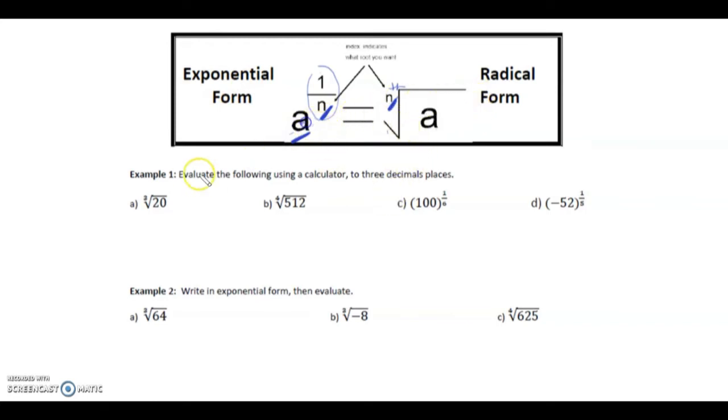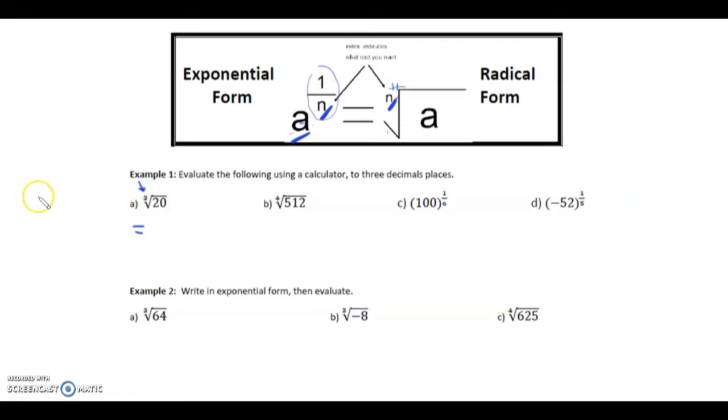Using this, example 1, evaluate the following using a calculator to 3 decimal places. Everybody should pick up their calculators and actually try this just to make sure. Are you able to use the cube root button on your calculator? For the cube root of 20, I personally have a cube root button on my calculator.